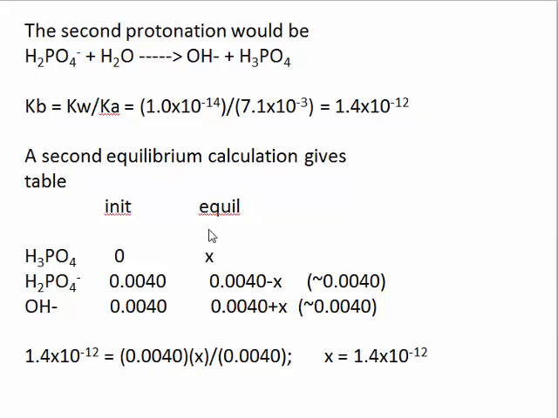A second ice calculation gives x as 1.4 times 10 to the negative 12, which would stand for the concentration of phosphoric acid. But clearly, this does not contribute markedly to the hydroxide ion concentration, so the hydroxide ion concentration will be treated as 0.004.